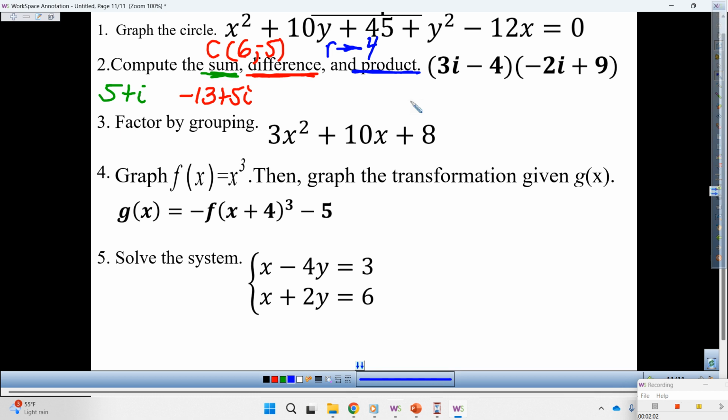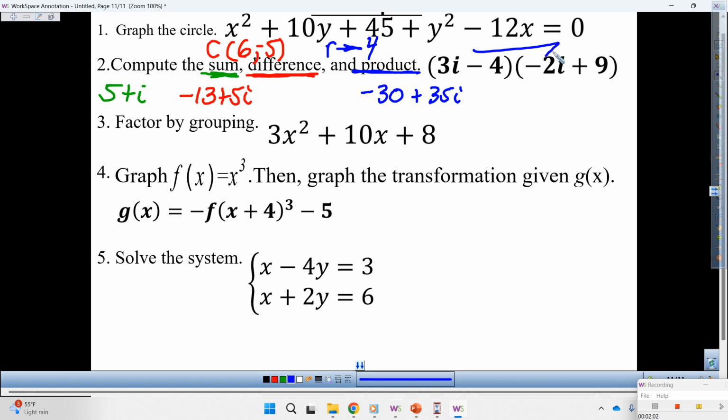Mario: -30 plus 7i. What? 35i. Looks about right.